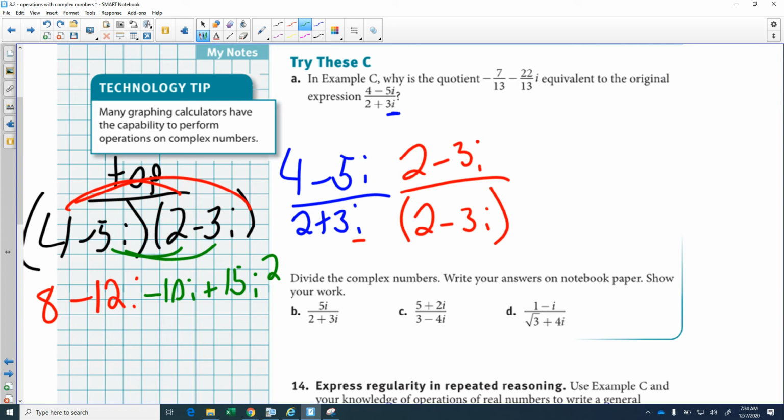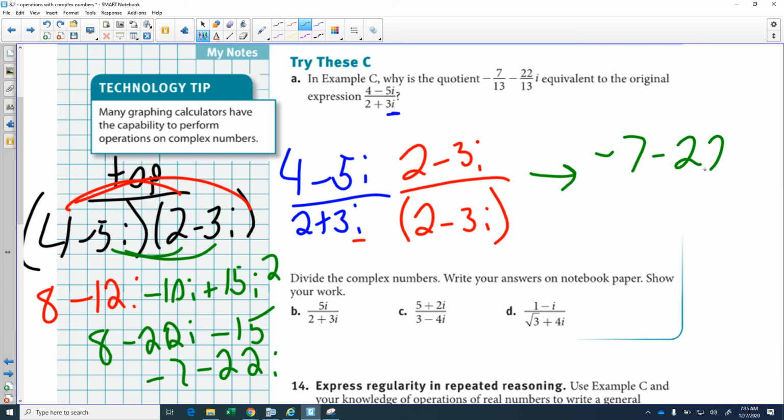At this point, I simplify. This becomes 8, negative 12 minus 10 is negative 22i, and 15i squared simplifies to negative 15. Combining 8 and negative 15, you get negative 7 minus 22i, which I can write on top.